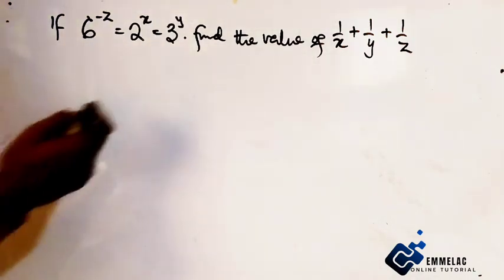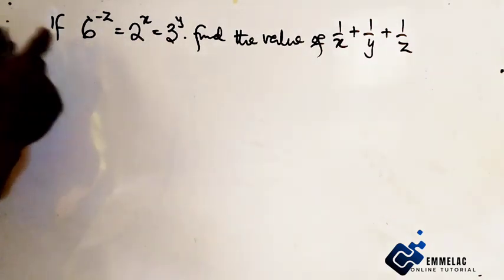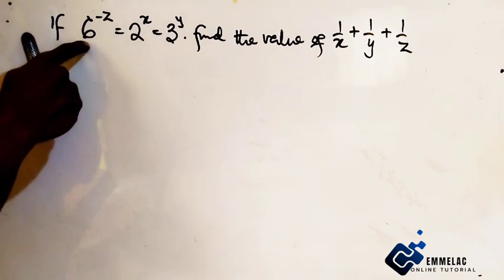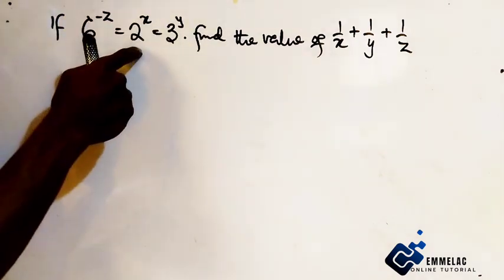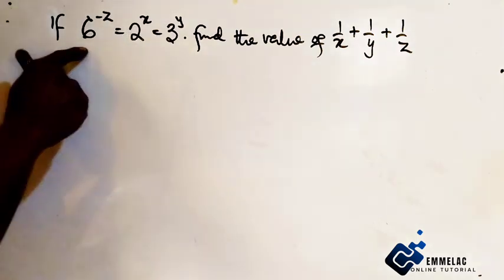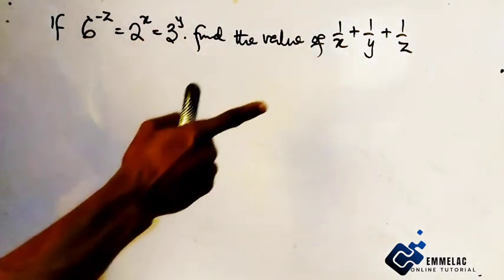Now let us look at this. This implies that whatever answer this should give you should be equal to this, and whatever answer you get here should also be equal to this, which means the final answer here is uniform.